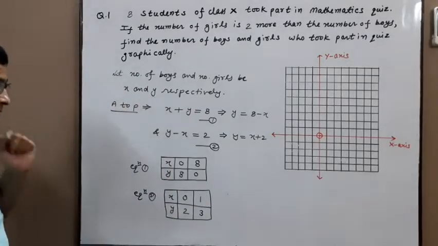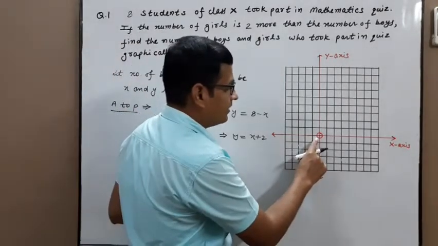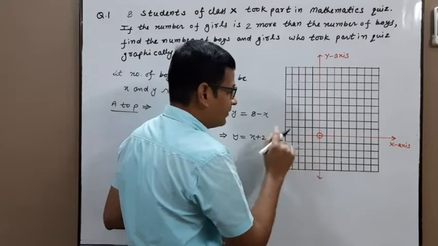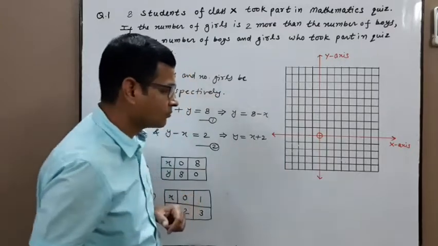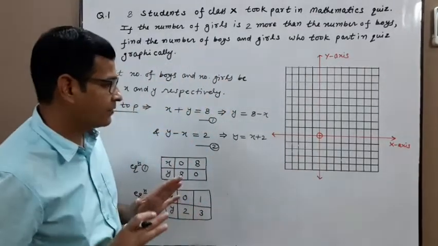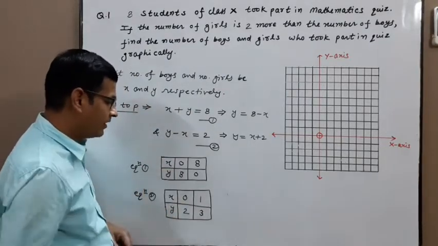Now locate these points on graph paper. This is the origin, 1, 2, 3, 4, 5 on that side, minus 1, minus 2, minus 3, and 1, 2, 3, 4, 5 in this way. Let us consider 1 centimeter is equal to 1 student. Now locate all the points.